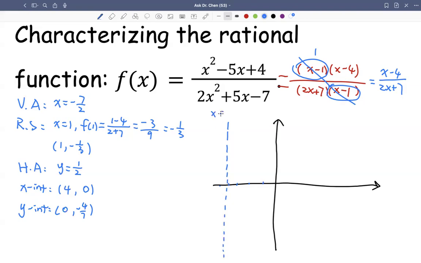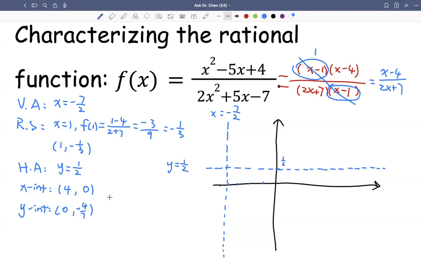So x equals -7/2 is the vertical asymptote. The horizontal asymptote is y equals a half, which is here. The increments of the x-axis and the y-axis don't have to be the same.